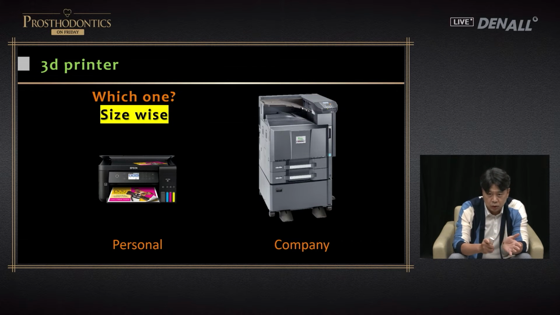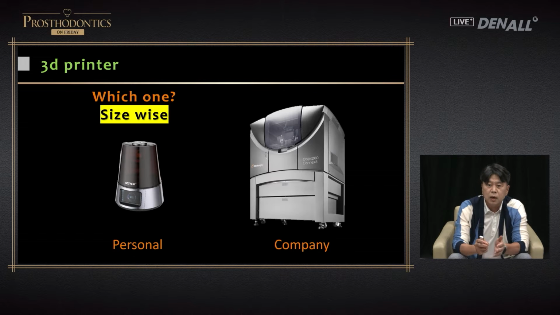The same can go for the 3D printers. In dental clinics, we can use the personal printer and businesses can use the big printers. Osstem uses the big one to fabricate the surgical guides in the center. This is based on the size.